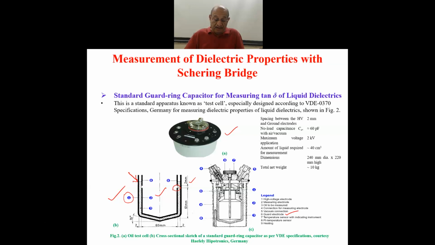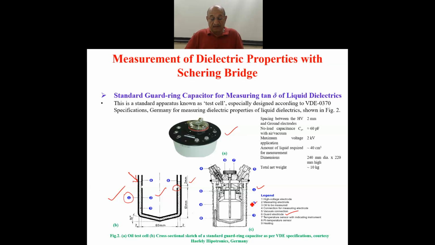And obviously the inner electrode is for the measurement. As you see, the inner electrode, that is number 2, is used here for measurement. One is also shown here, and this is the inner electrode 2, the given shape.